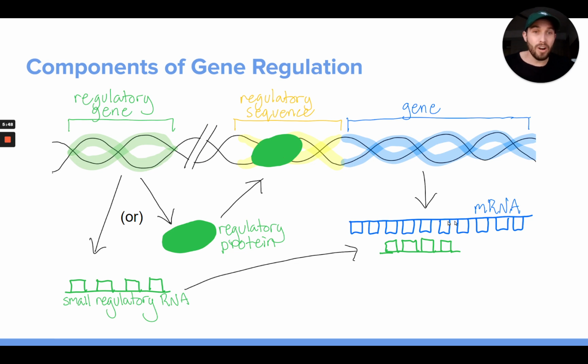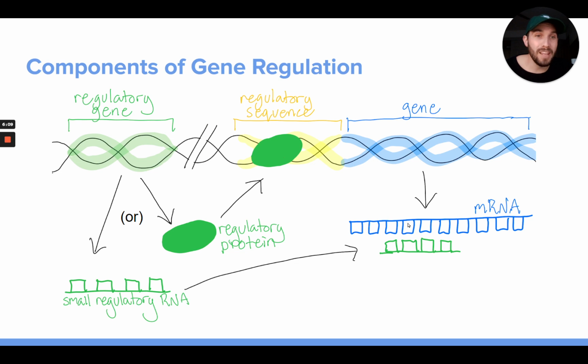So there's certain RNA molecules that are being produced through transcription from certain genes. And sometimes these small regulatory RNAs can actually go and bind to those mRNAs. And that usually, almost always, causes that mRNA to not be translated. So this actually blocks the mRNA from being read successfully by a ribosome.